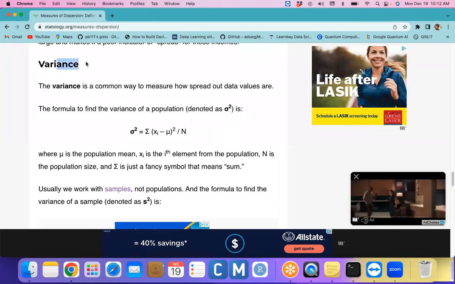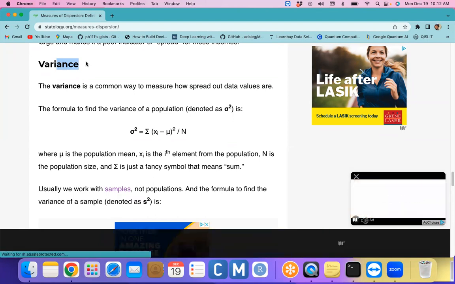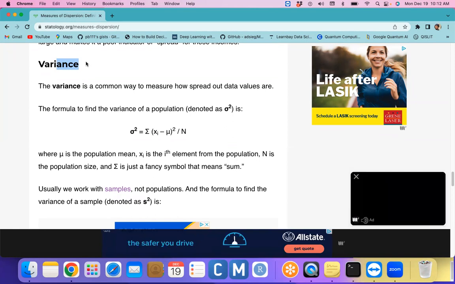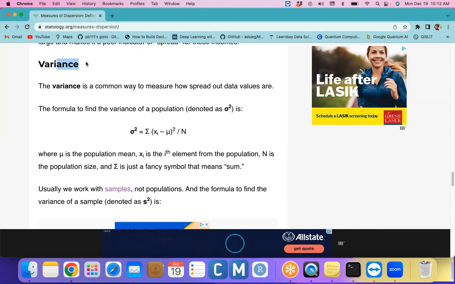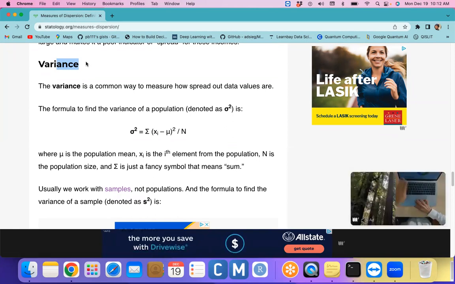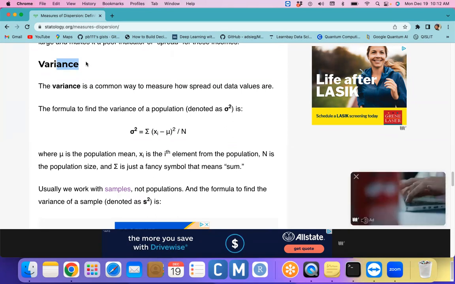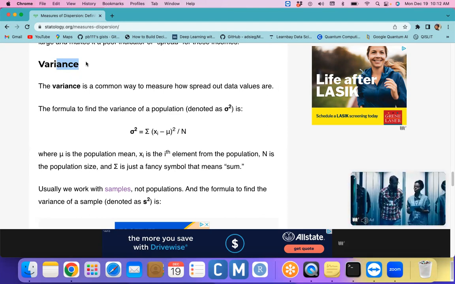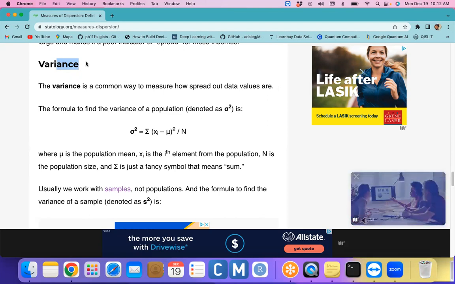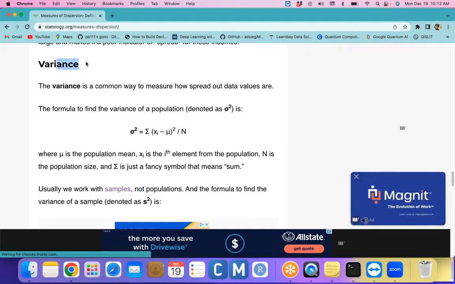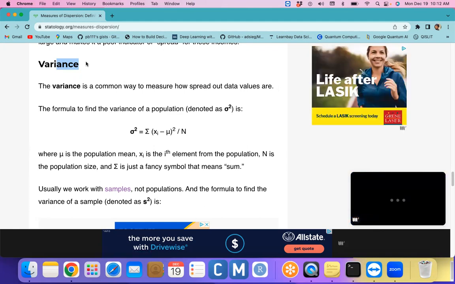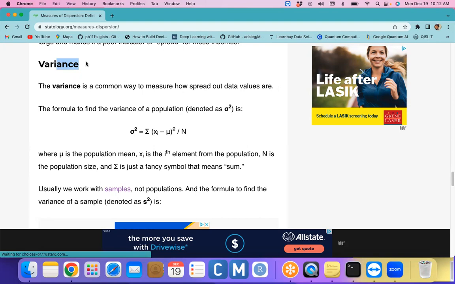Clear or not? For example, the difference is 4, but when you do the square, you get 16. If the difference is 16, when you square it you get 256.